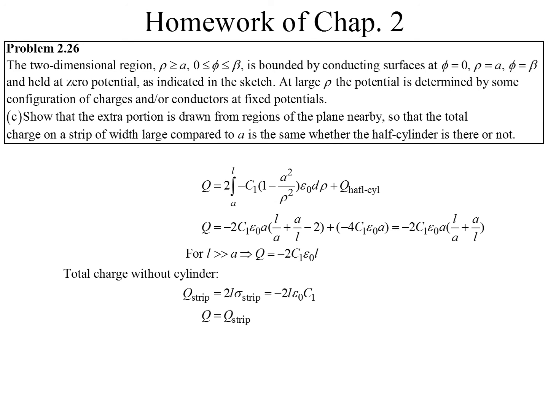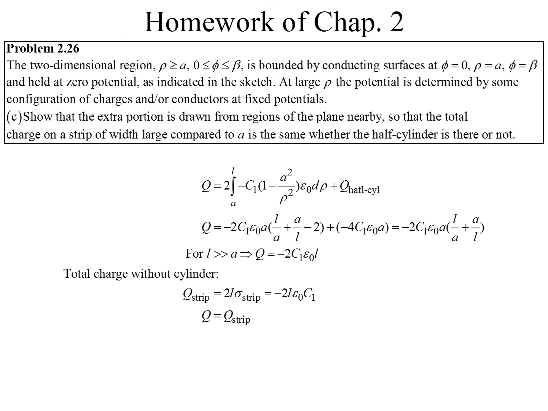So we get the result: minus 2 times C1 times epsilon 0 times a times L over a plus a over L. Now we use the approximation that L is much larger than a, so Q equals minus 2 times C1 times epsilon 0 times L. The total charge without the cylinder is the charge on the strip over the whole length 2L.